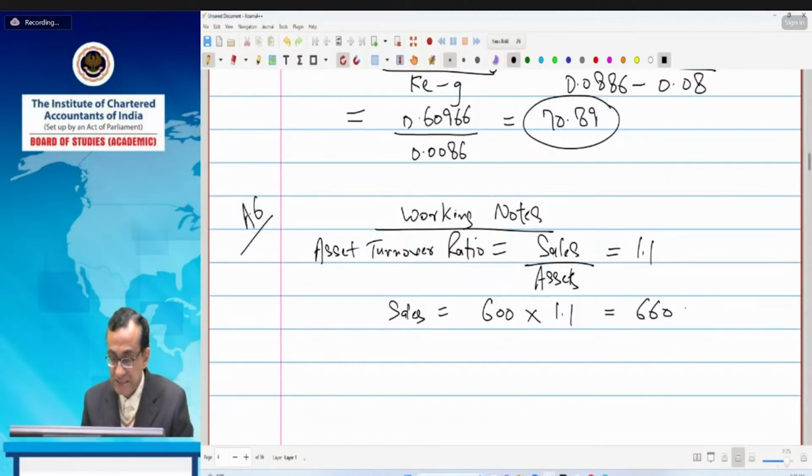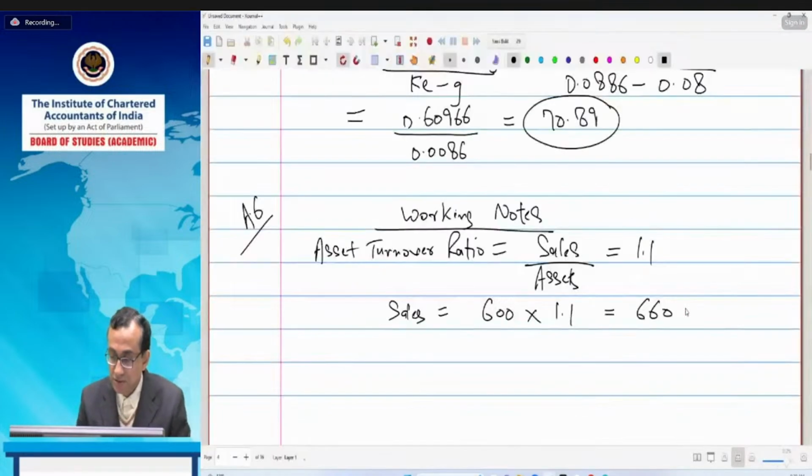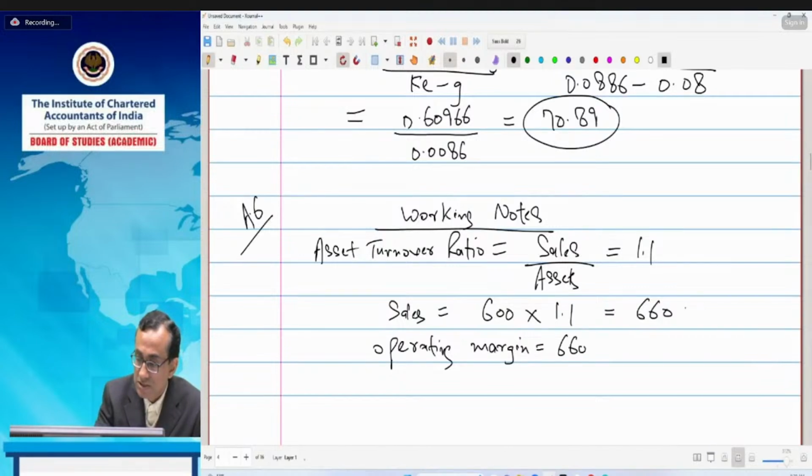If there are 660 sales, then operating margin is given as 10%. So operating margin will be 10% of 660, 660 into 10%, so it will be 66.